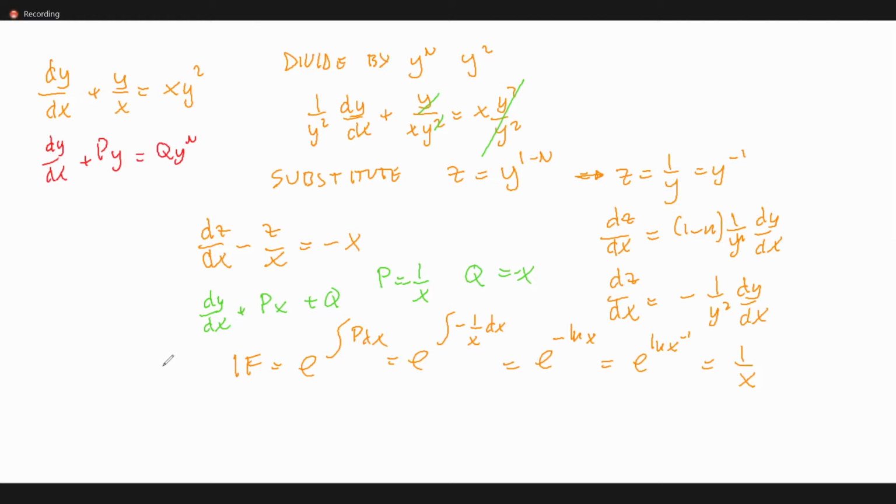And the solution is y times the integrating factor, which is equal to the integral of q times the integrating factor dx.